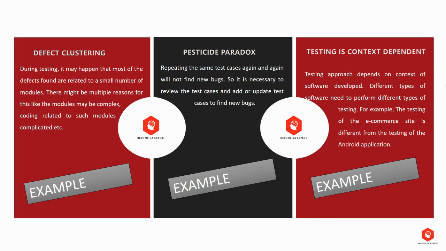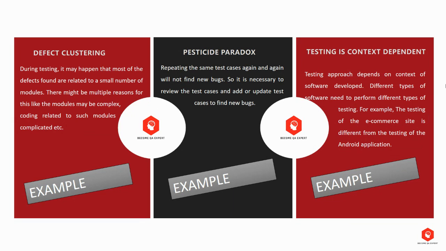The pesticide paradox principle says that if the same set of test cases are executed again and again over a period of time, then this set of test cases is not capable enough to identify new defects in the system. Just like the real bugs in real life, in nature, they can become resistant to some pesticide after it's being applied on them for a long time. It just doesn't kill them anymore.